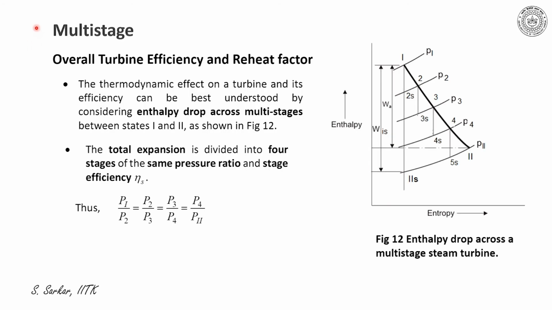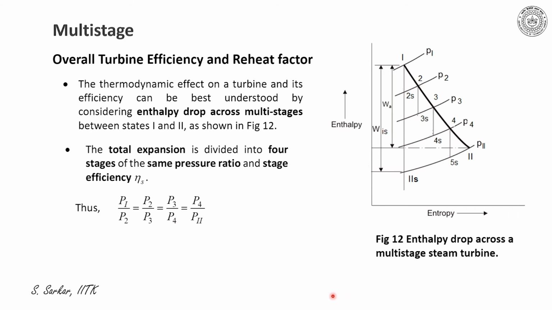I'll initiate an important discussion on multistage. Here I'll define the overall turbine efficiency and the reheat factor. The thermodynamic effect on a turbine and its efficiency can be best understood by considering the enthalpy drop across multistages between the state points 1 and 2 as shown in the figure.